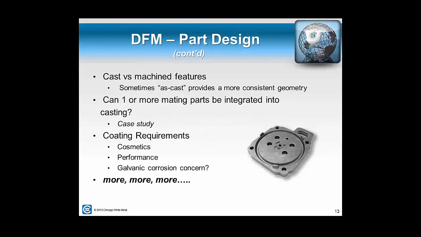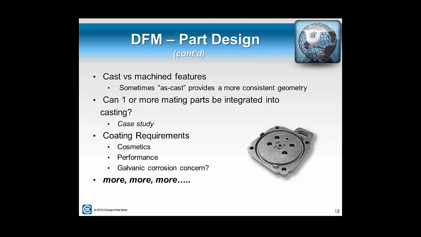Continuing on with part design, one other note with the cast versus machine: sometimes the as-cast features or as-cast surfaces provide a more consistent geometry, so that's another something to consider. One of the other things we look at is, can one or more mating parts be integrated into the casting? I talked a little bit about this earlier, but here's where we do that.